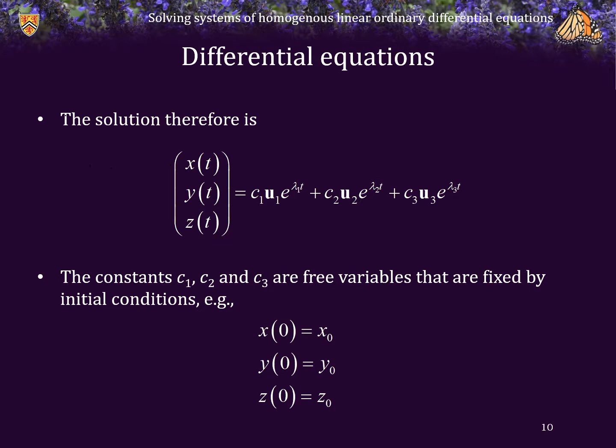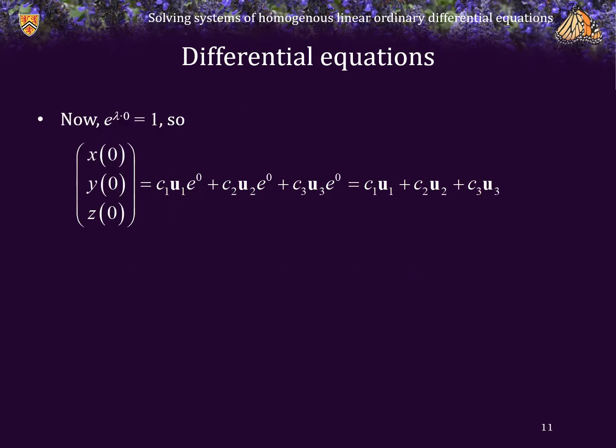So, for example, what are the charges on the capacitors? What are the currents passing through the inductors? Or what are the initial stresses on your nano surface? Now, these initial conditions tell us the state of the system at time t equals 0.